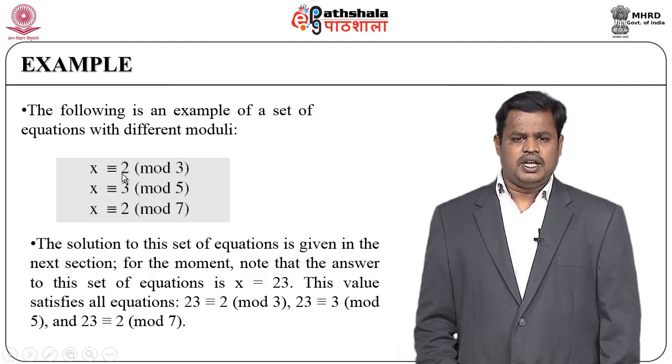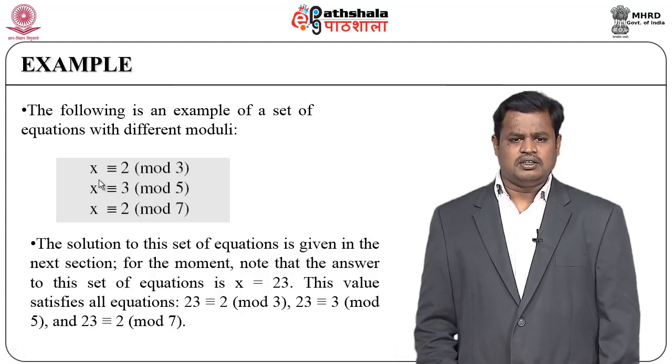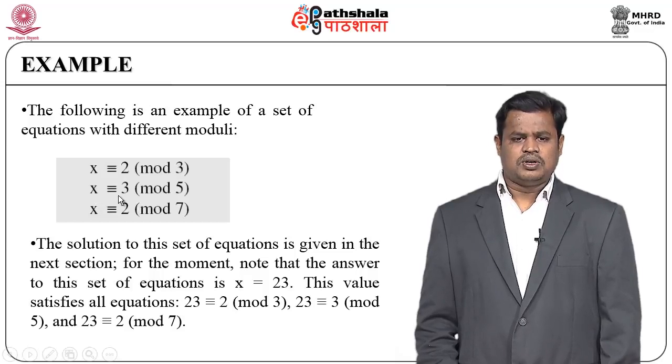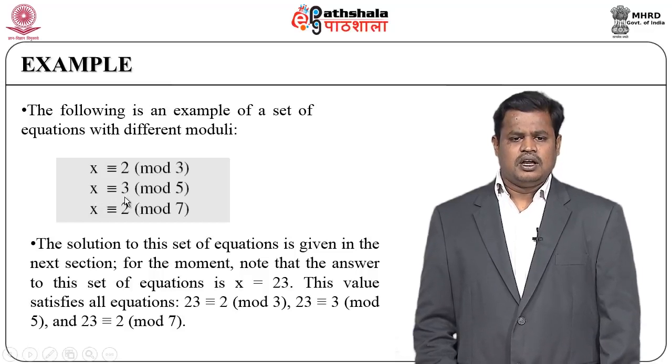If I say x is 23, then 23 mod 3, what is the remainder? It is going to be 2, yes. Similarly, 23 mod 5 is 3, that means when I divide 23 by 5, I get the remainder 3.